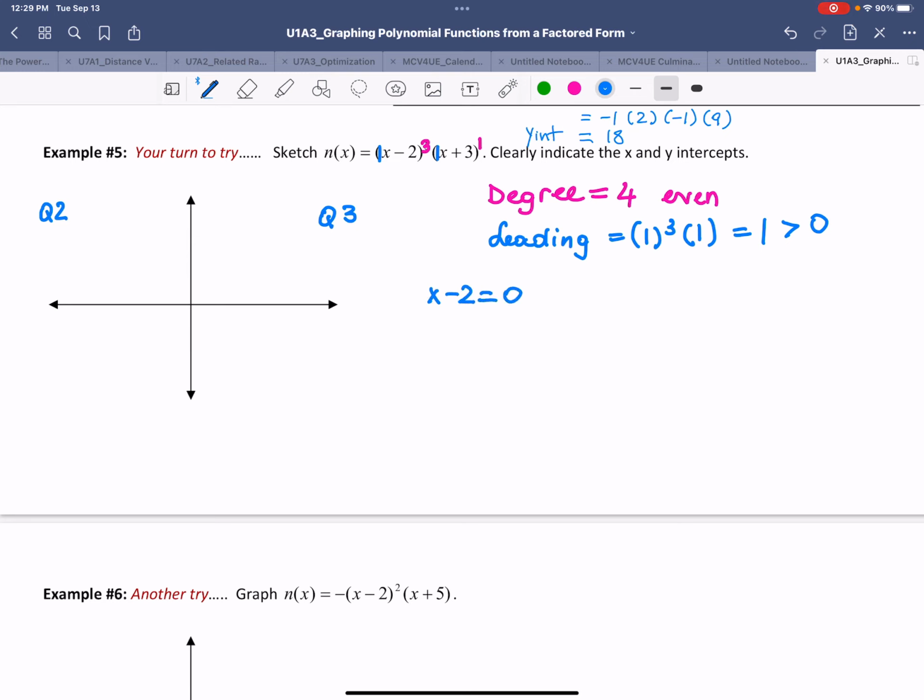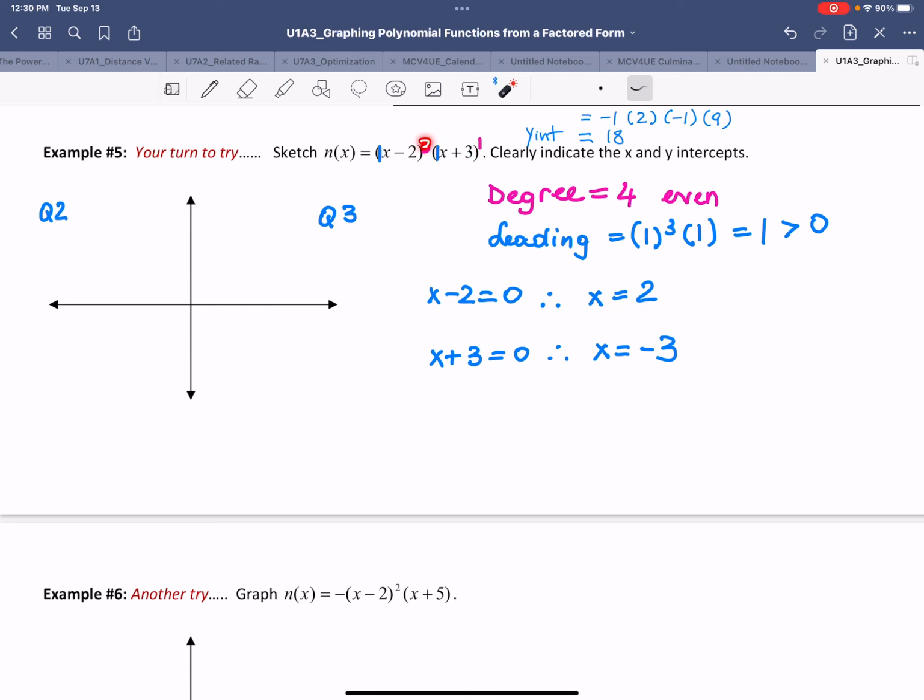Next, we need to determine the x-intercepts, which means that we have to make each factor equal to 0. If x − 2 = 0, then the first x-intercept will be at 2. x + 3 = 0 means that the next x-intercept will be at negative 3. Whenever we state the x-intercepts, we have to look into the order of the intercept, which depends on the power of the factor where the x-intercept came from.